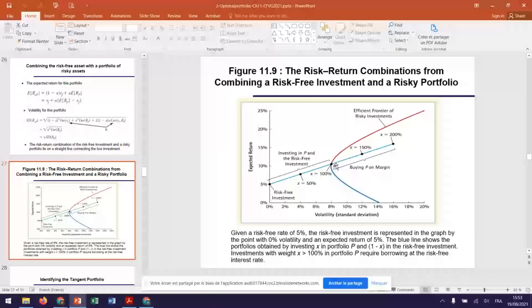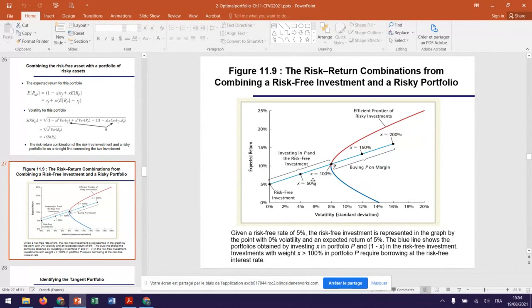I borrow at the risk-free rate and invest 150% in the P. If I go to this point, X equals 200%. When the weight X is bigger than 100% in the portfolio P, it means you require borrowing at the risk-free rate for this investment.